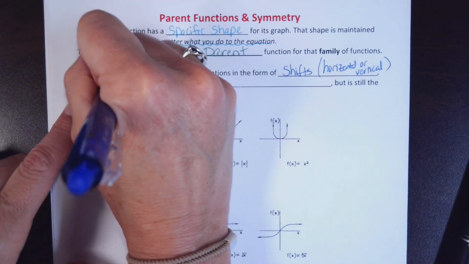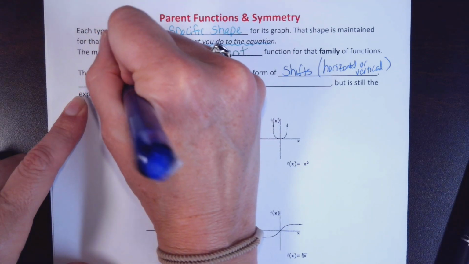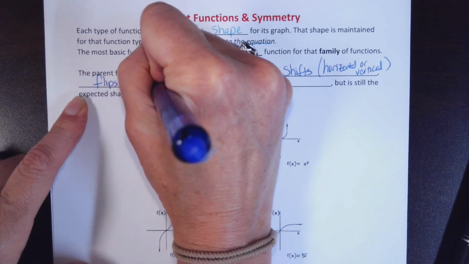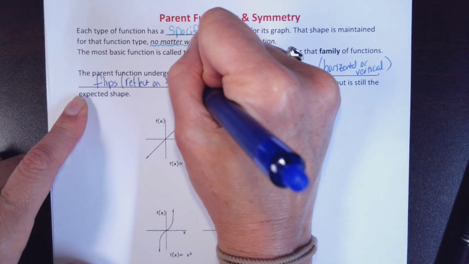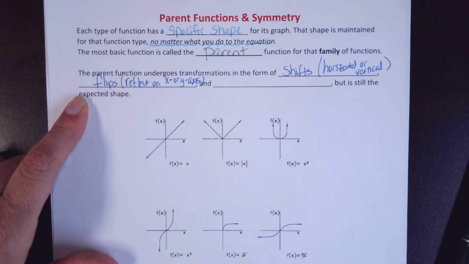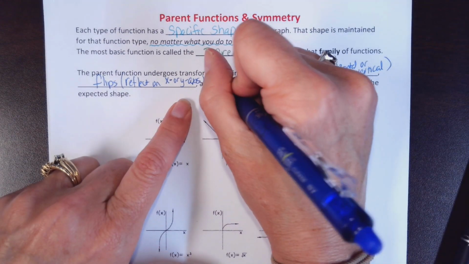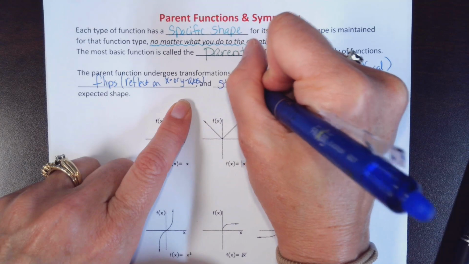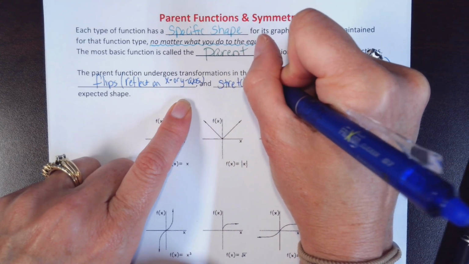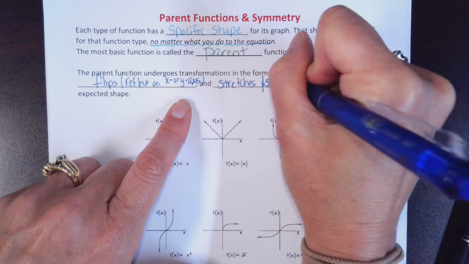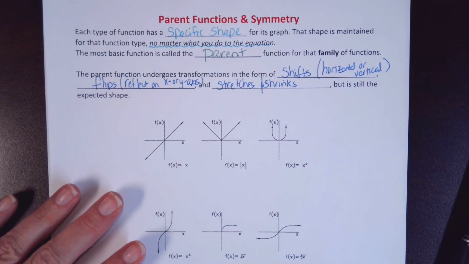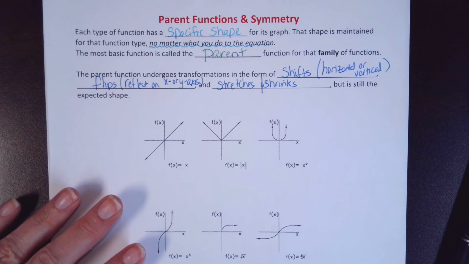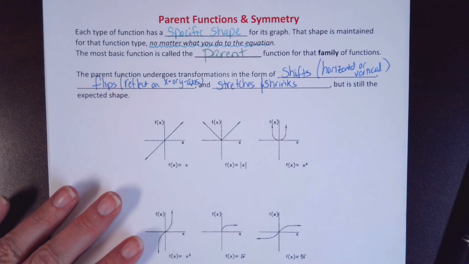Flips or reflections on either axis, and stretches or shrinks. Okay, it's still going to be the expected shape. I can turn it around, flip it over, stretch it out, squish it together, but it's still the same basic shape.